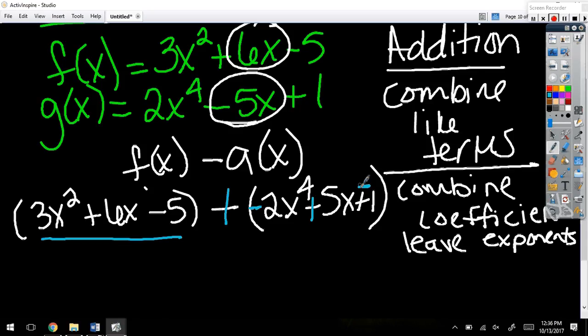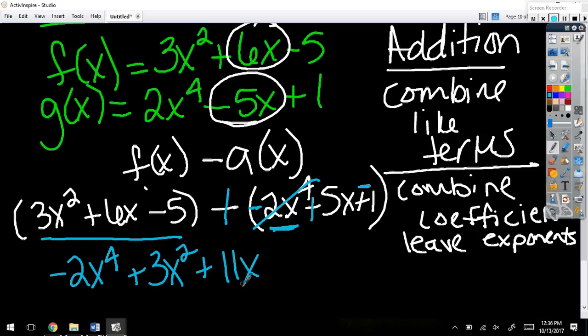Okay. So now you can get your like terms together. Again, start with the biggest. 3x squared. No, never mind, sorry. That's okay. What's your next one? 3x. There you go. I was looking at the last equation. Now look at your x's. 11x. What else?